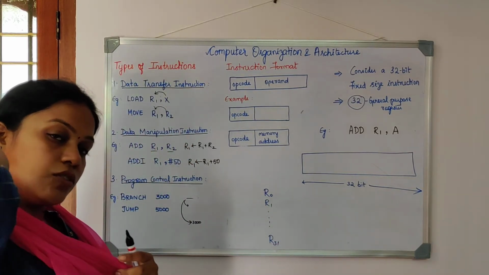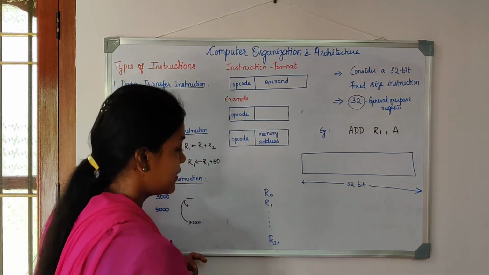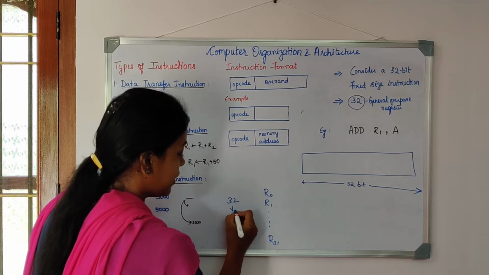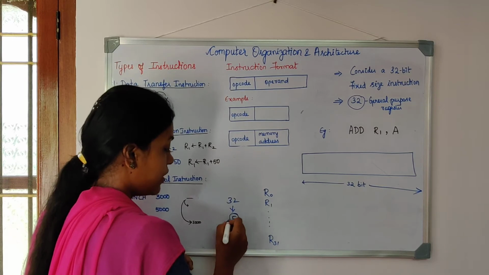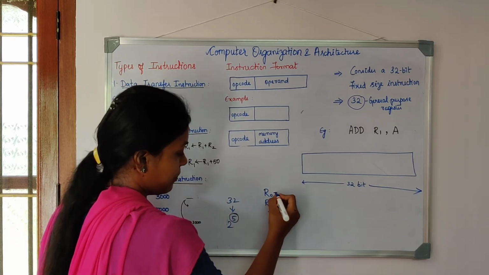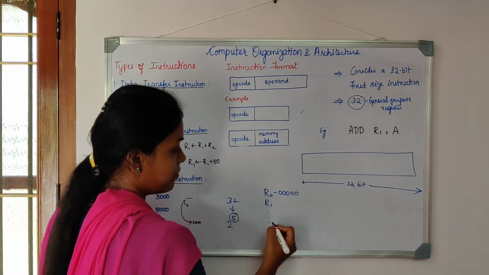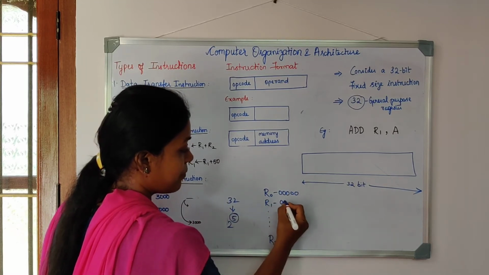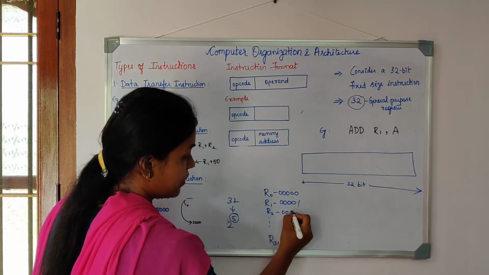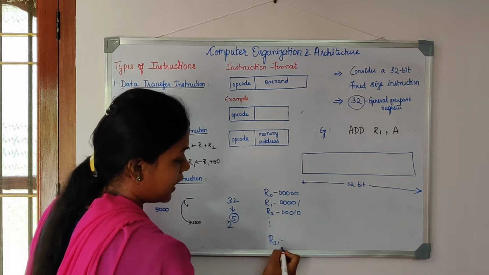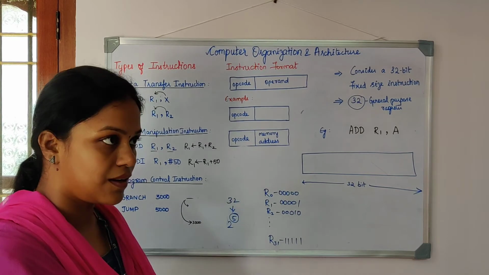How many bits are required to represent each register? 32 can be written as 2 raised to the power of 5. So a total of 5 bits is required to represent each register. The first register R0 can be represented by 5 bits 00000, R1 as 00001, R2 as 00010, and so on. Finally R31 will be 11111. So 5 bits are required to represent the register itself.